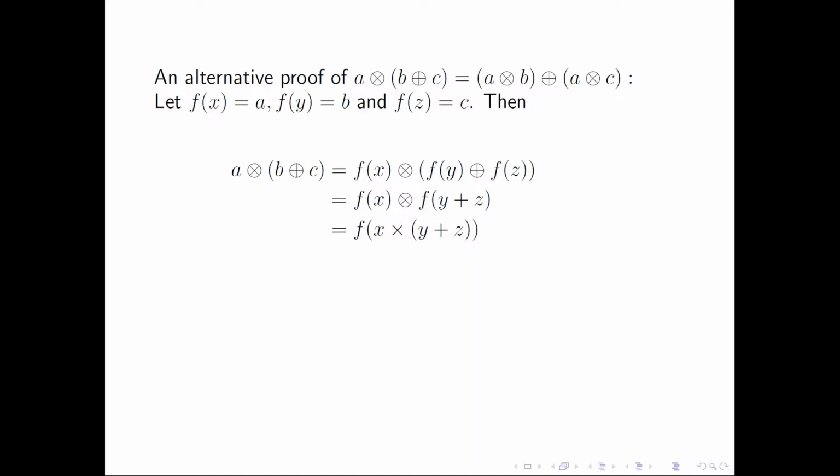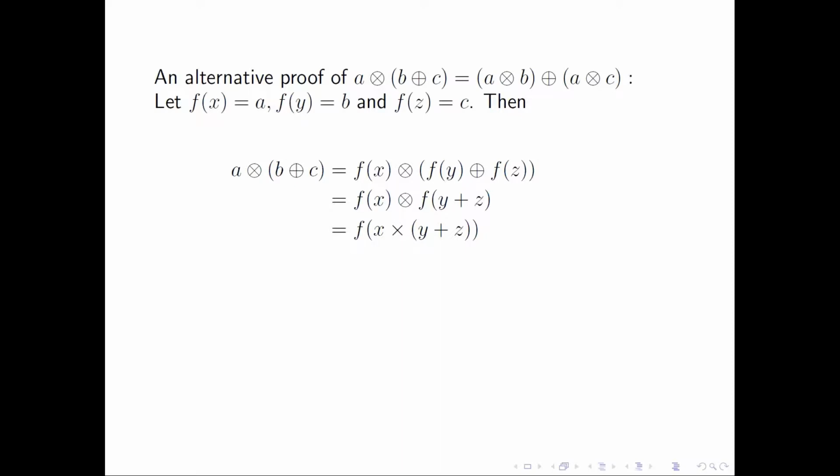We have the equality equals f of x times y plus z. So now you see all the operations in the second structure are mapped to something in the first structure.